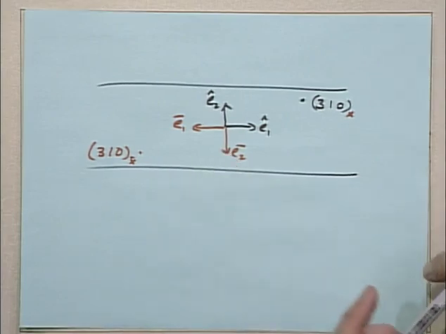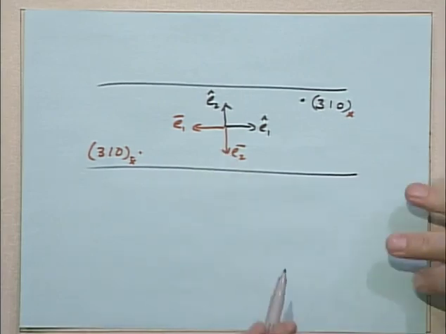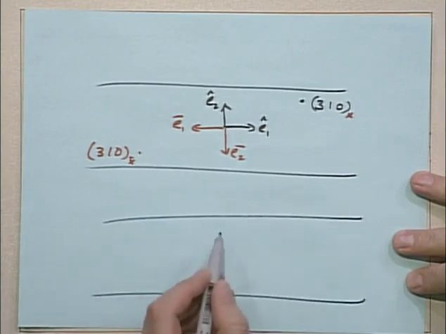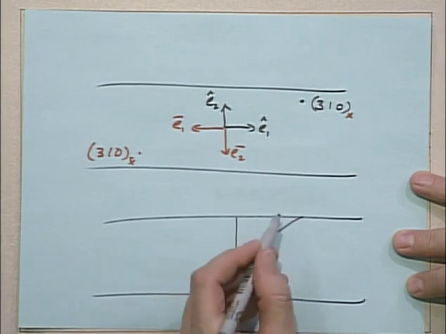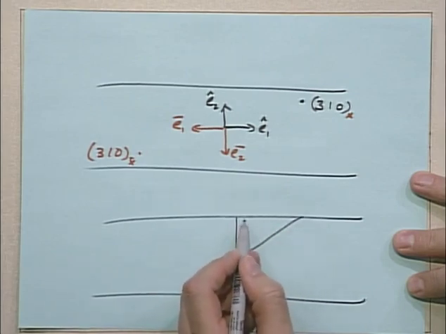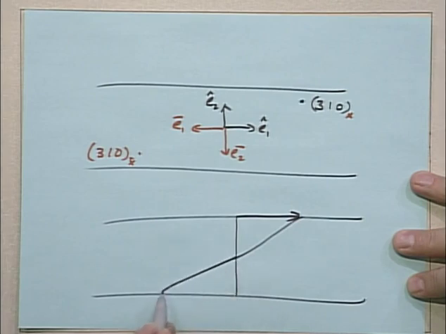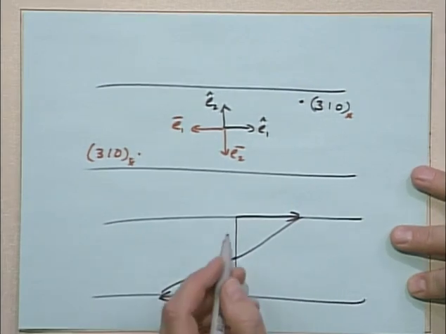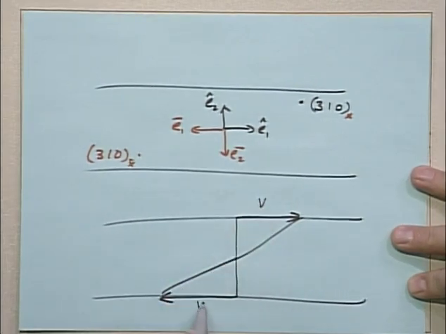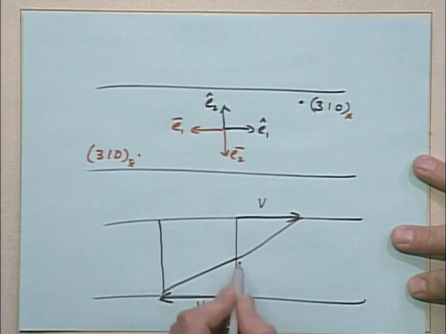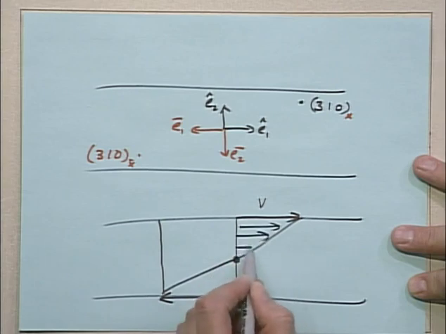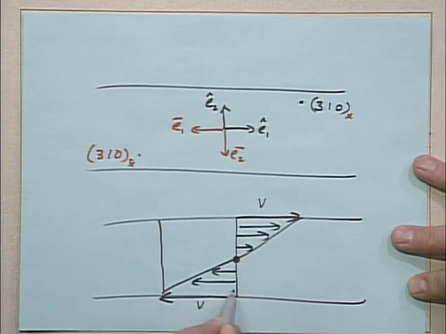Now, first of all, let's visualize the flow. This is some shear flow. And if I put this line in the center, if I move this plate to the right and this plate to the left at the same amount, so let's say this is V and this is V, okay? All right, that's the same as, we usually draw the flow like this, all going like that. But if I put my 0 point in the center, it looks like a flow that goes to the right and goes to the left.